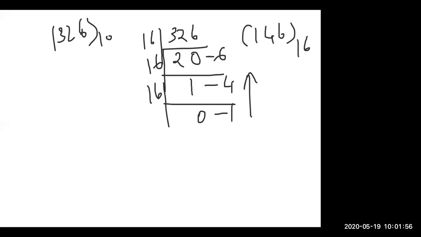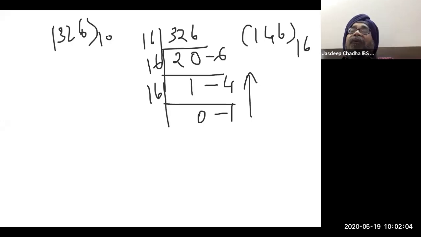I have one basic question. How do we get to know when we have to convert first to binary and then to something else? It will be given to you in the problem. You always convert from decimal to any number. Directly from decimal to octal you can do.